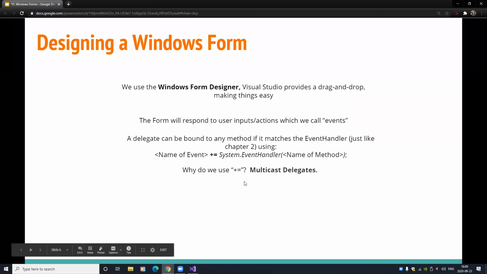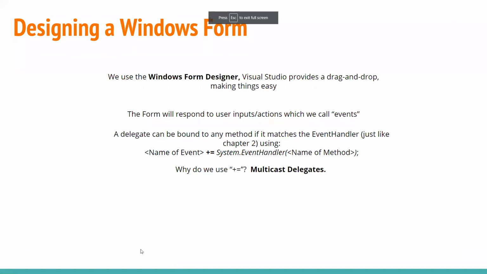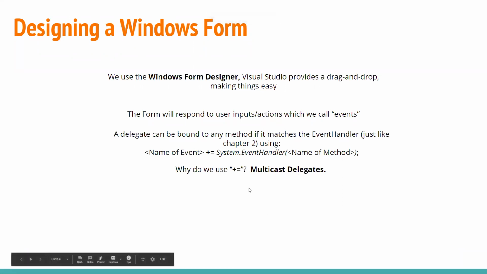The ability to add multiple methods to a single event is called multicast delegates. It's not a new idea. You already know what that means. It's just the ability to add multiple methods to a single event. Multiple methods can be bound to a single event. The other way to say that is there is a one-to-many relationship between events and methods.